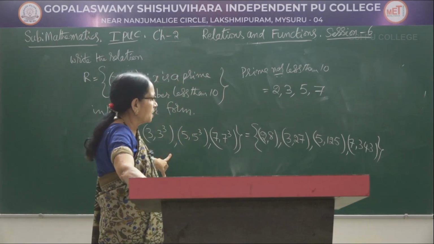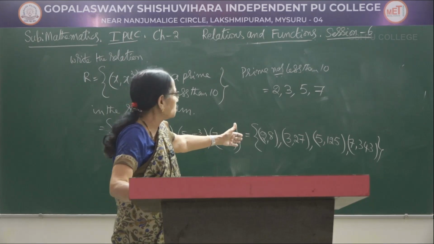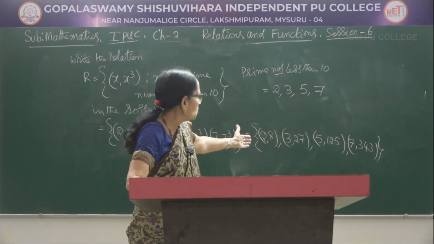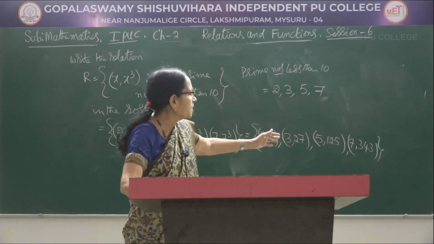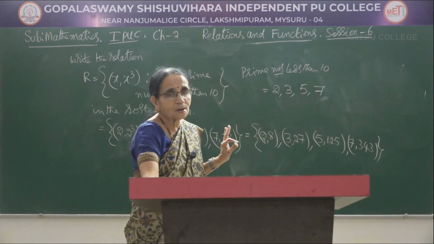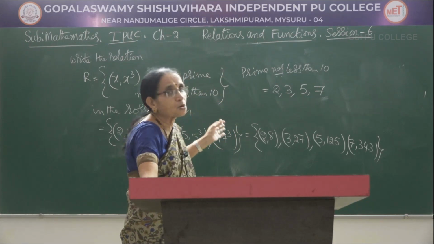Even if you write only this much, you will be getting the mark for that. But since the numbers are not very huge here, certainly you can calculate (2, 8), (3, 27), (5, 125) and (7, 343). Now these are the elements of the relation in the roster form.